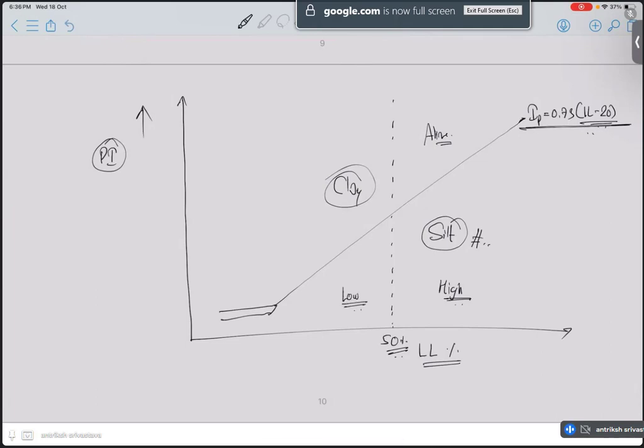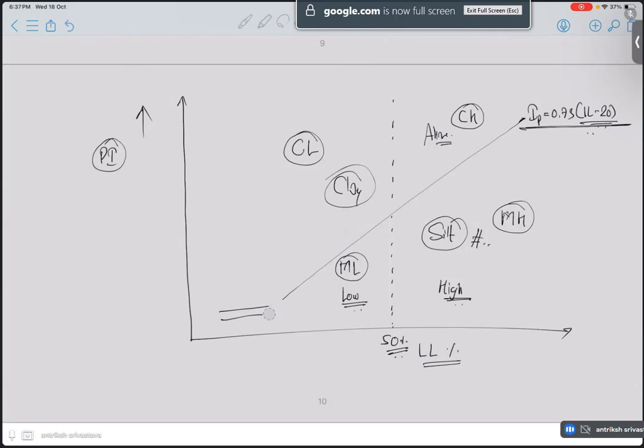So you can see that this classification is going to be CL, low compressible clay, CH, highly compressible clay, MH, highly compressible silt, and ML, low compressible silt.